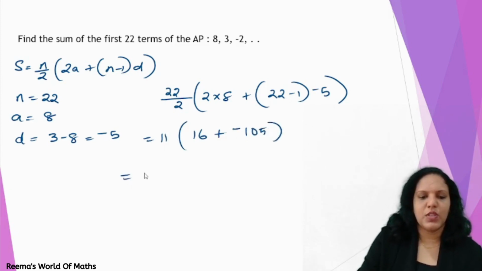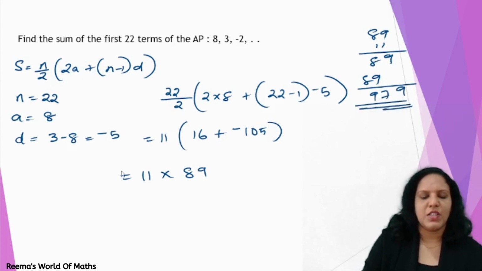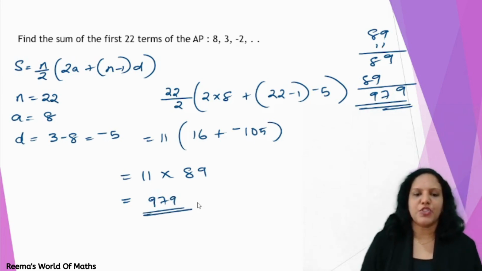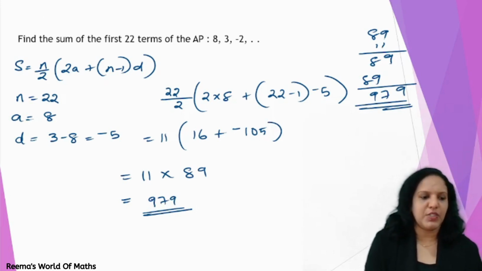That is 11 multiplied by 16 minus 105, which gives you 89. So 11 multiplied by 89 is 979. That is equal to 979. So this is the sum of the first 22 terms of the given AP 8, 3, minus 2.